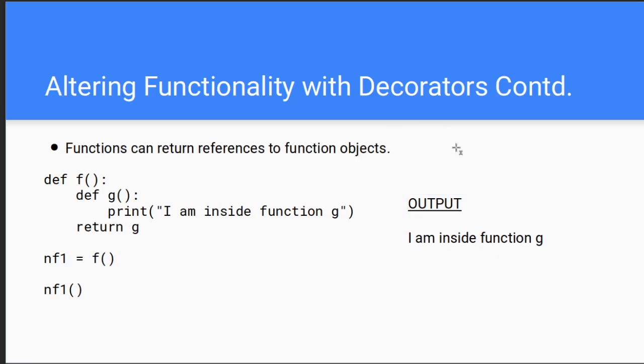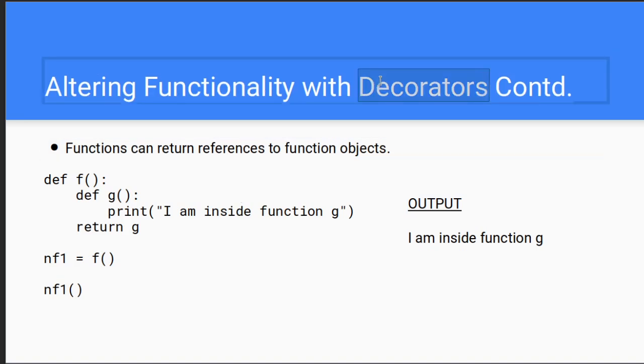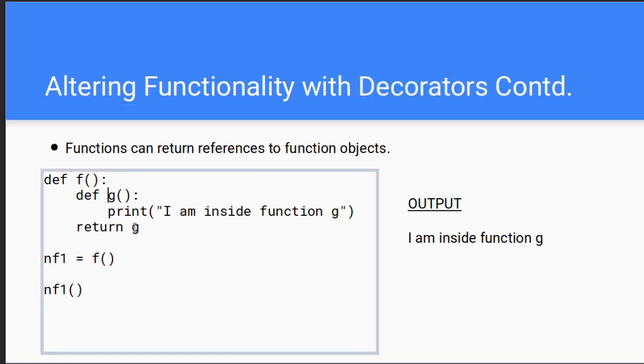Next, functions can return references to function objects. We're getting closer to dealing with our decorators here. So now f is defined as such. It defines g inside, and now f will return g. So when you call f, what you're going to get back is a reference to another function. Here's the function g.